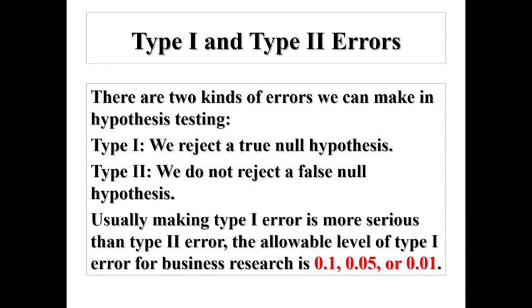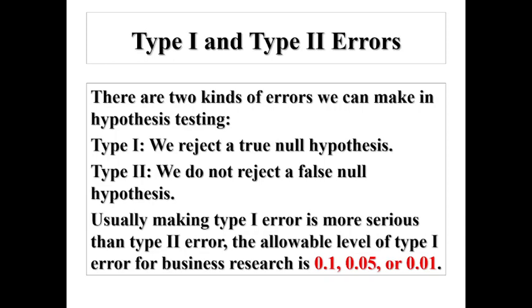Then try it again. What is type 2 error? Do not reject a false null hypothesis. Do not reject a false null hypothesis means this is false, right?